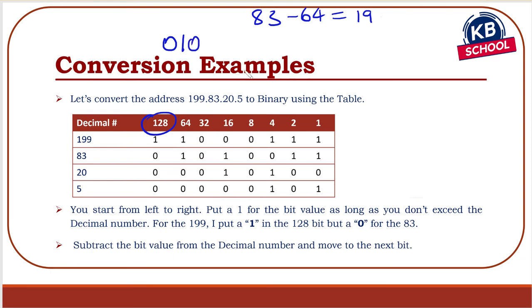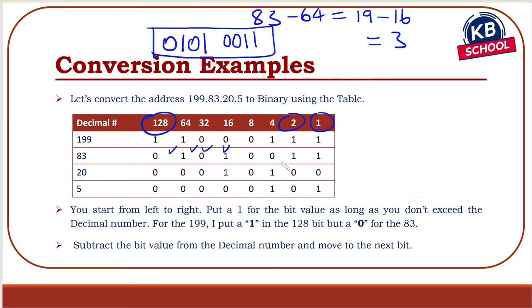The next one is 16. I need a 16, so I'll put 1 over here, subtract 16, I get a 3. Now that I've done it a couple of times, I know 3 is 2 plus 1, and that means the other two digits are going to be zeros, 0011. So this would be your equivalent of 83: 0101 0011. So that's also done.